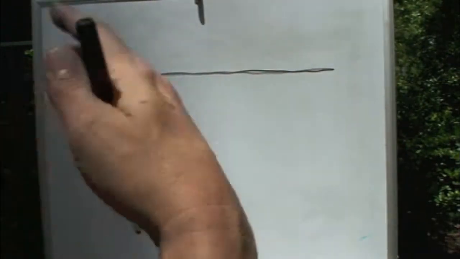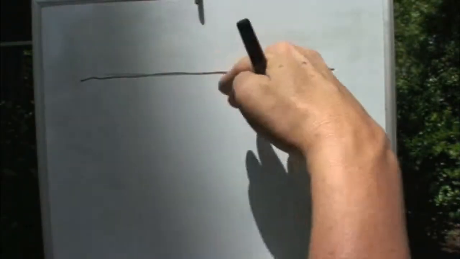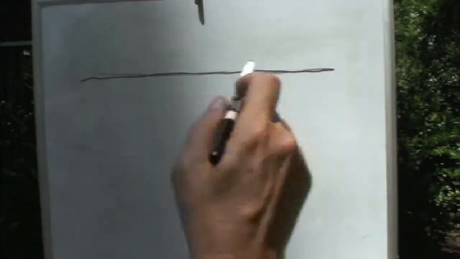It's going to be whatever is surrounding the object that you're painting. But let's just assume that we're outside, and in this case, the horizon line is actually the horizon that we see, where the sun meets the earth, or water and air combine. So we start with the horizon line.